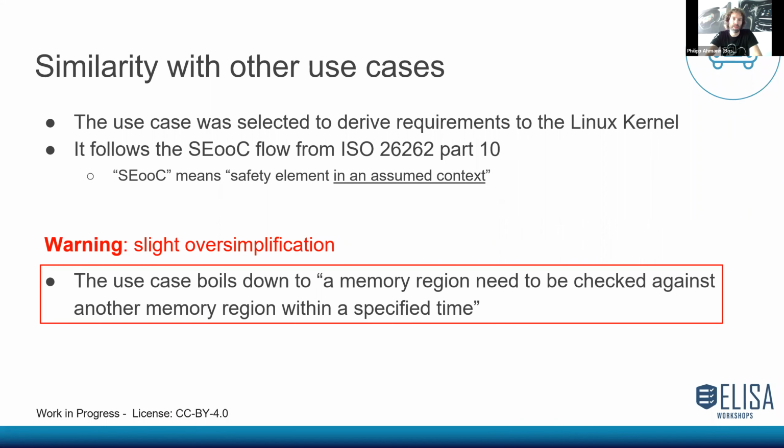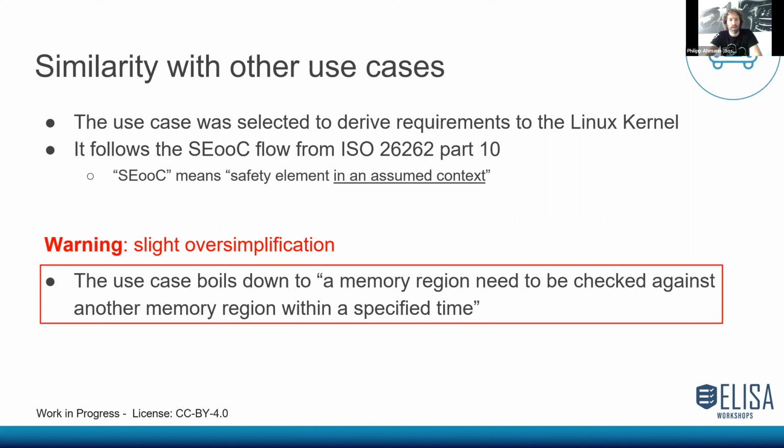And you need to make sure that these two are properly checked in a proper amount of time. By this, we have some assumptions in there, and it's going closer to the safety element out of context argumentation from ISO 26262 part 10.